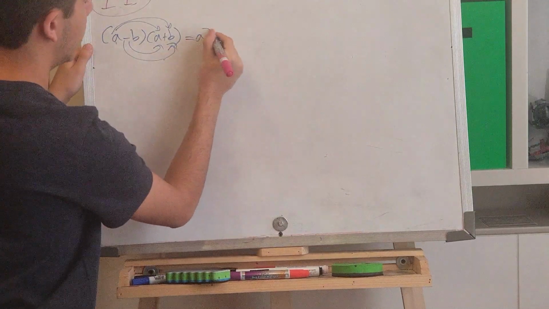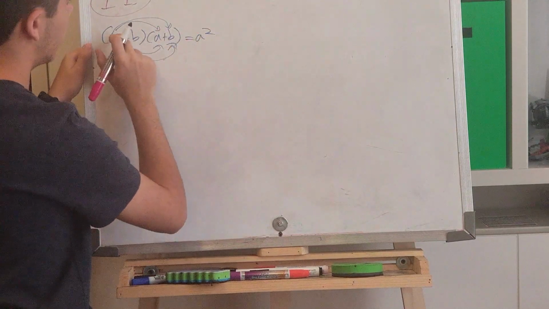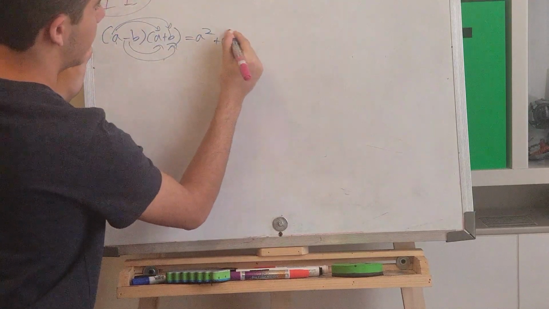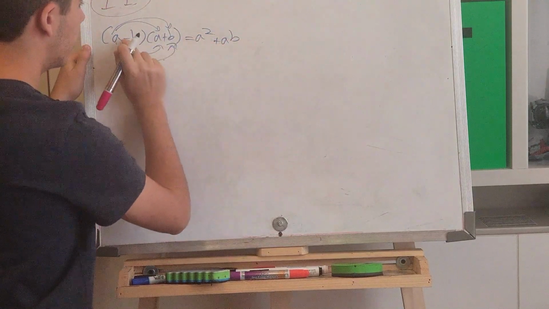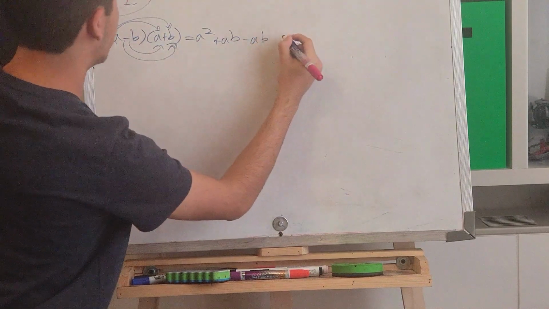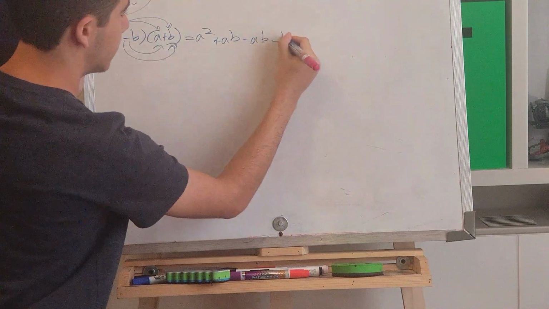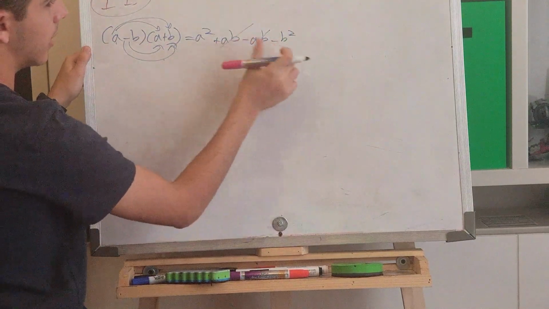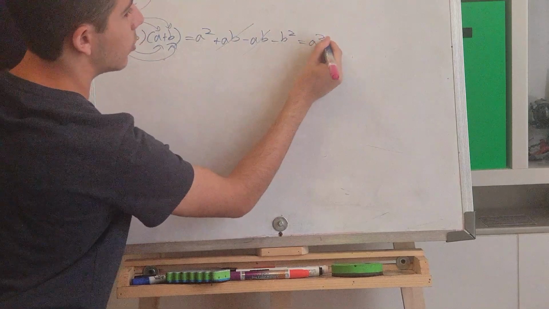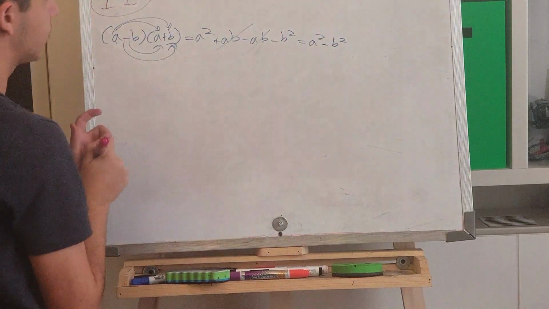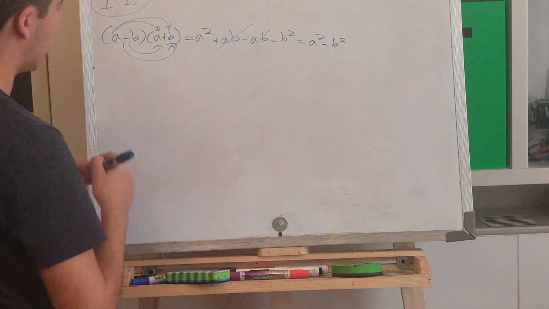You get a squared, and then plus ab, and then you'll get minus ab, and then minus b squared, and these cancel out each other, which equals a squared minus b squared. That's for that.